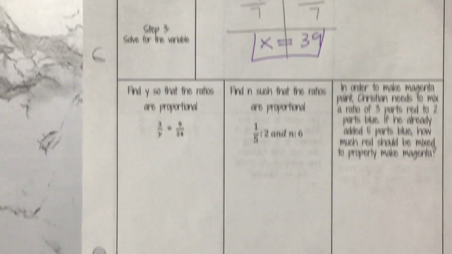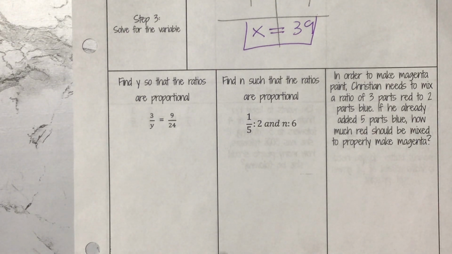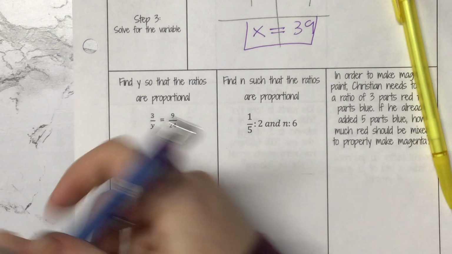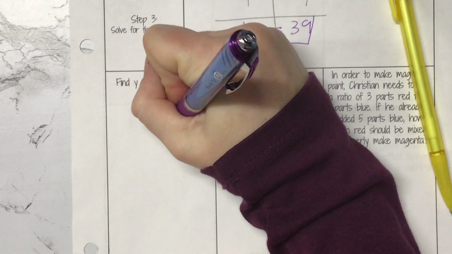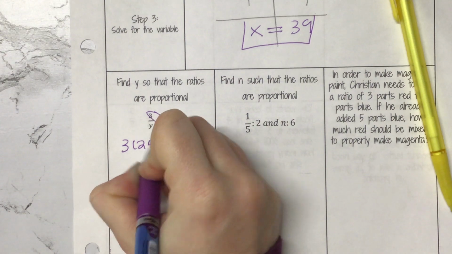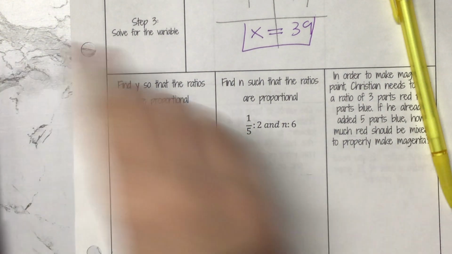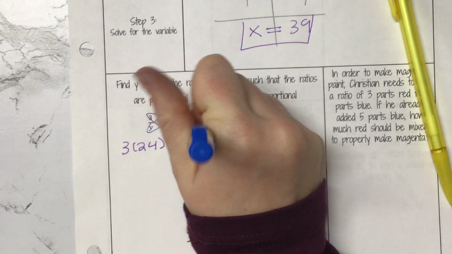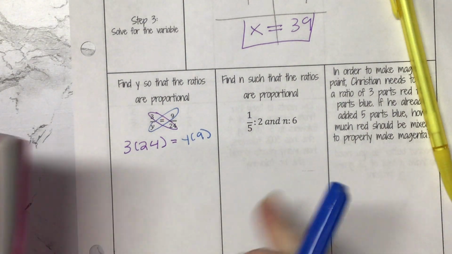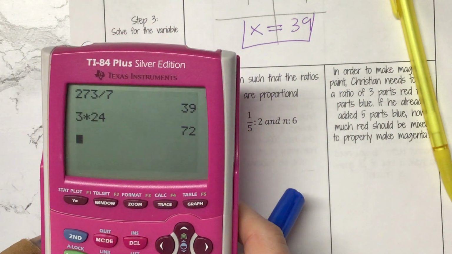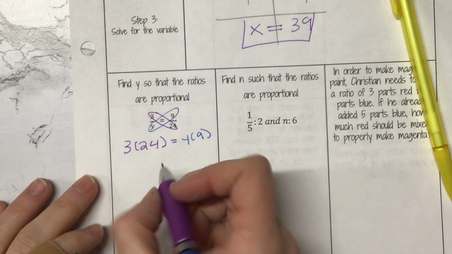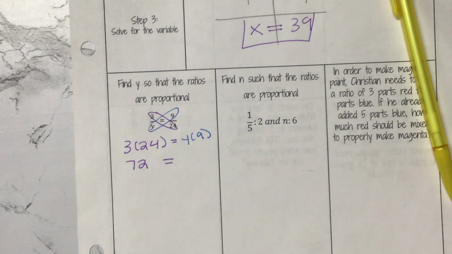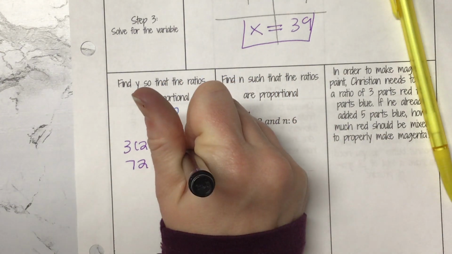This one says, find y so that the ratios are proportional. It's already set up in fraction form for me, so all I have to do is cross multiply. I'm going to do 3 times 24, which is equal to y times 9. 3 times 24 is 72. 9 times y, or y times 9, is just 9y.